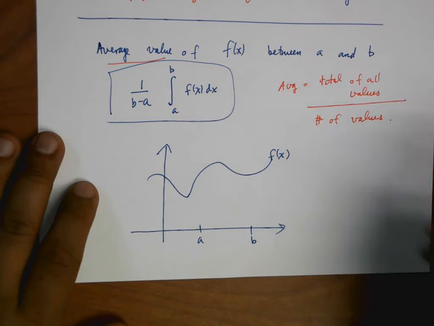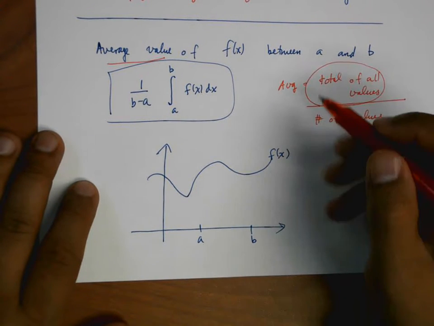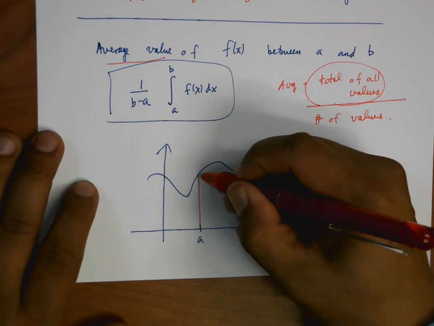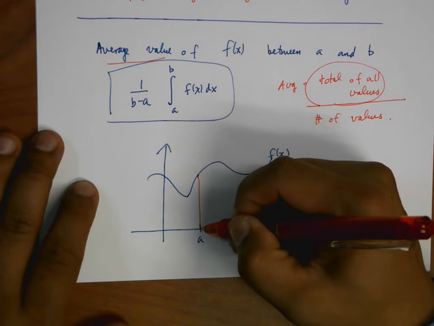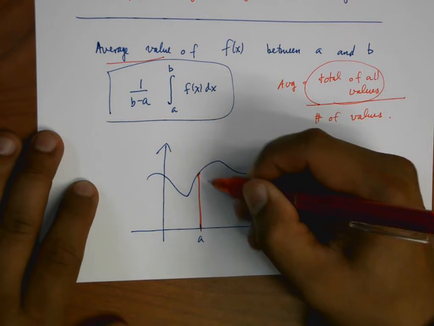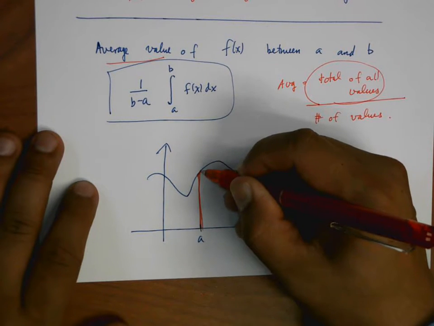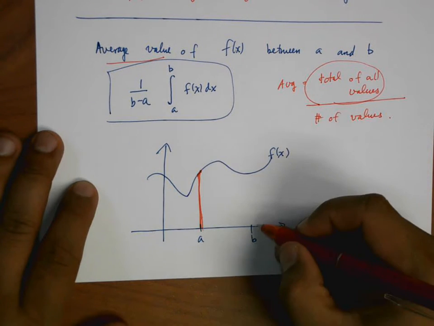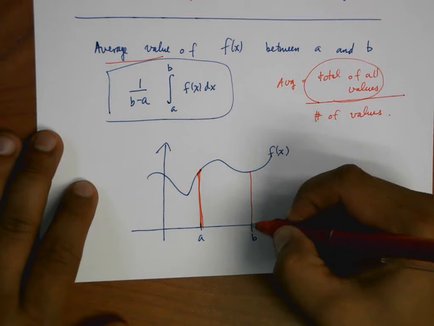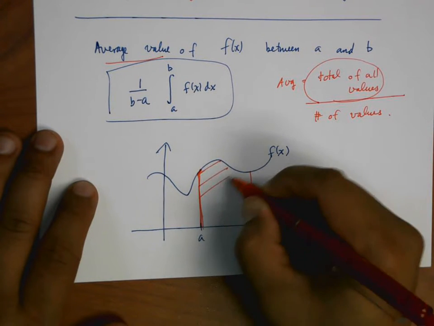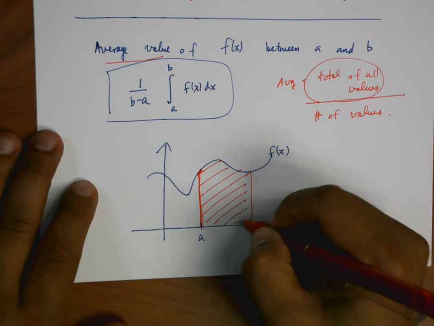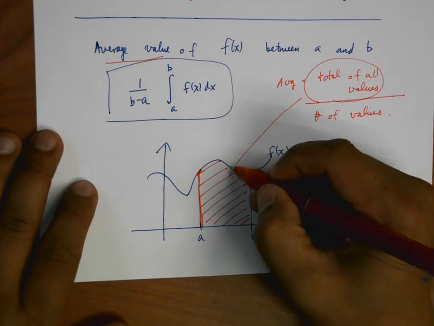To take the total of all values, the first value is that point, the second value is a point infinitesimally close to that, the third value is right there, fourth, fifth, and there's an infinite number of values here. So by adding up the sum of all the values, what you're really doing is calculating the area.